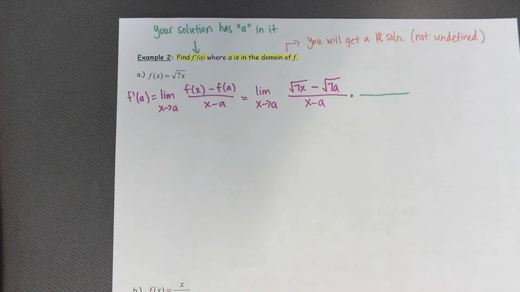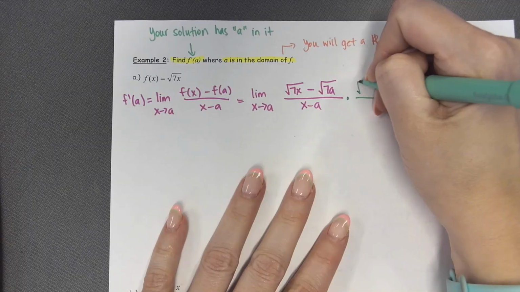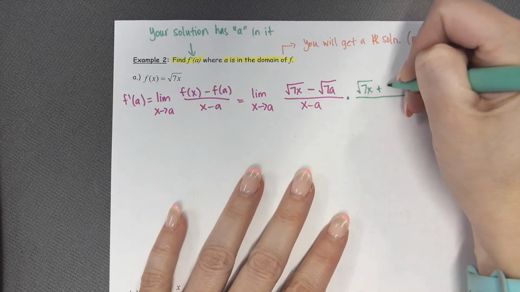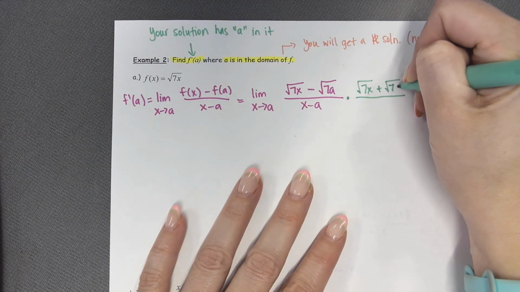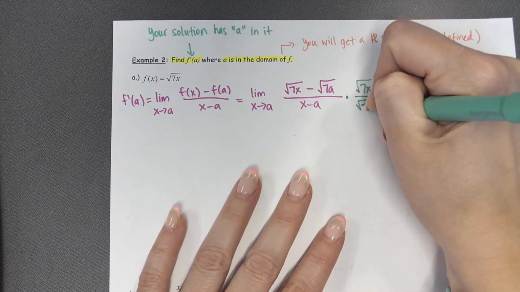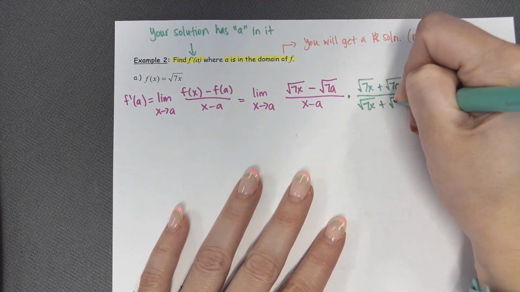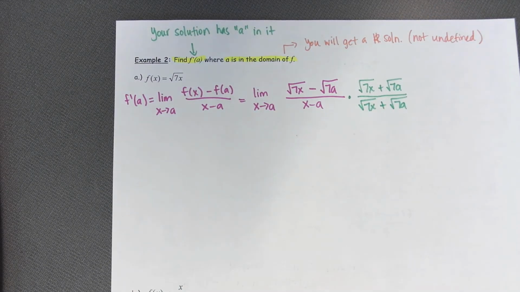All right, Lucas, come on down. What is the conjugate? You got it. Okay, so you're going to multiply by root 7x plus root 7a.